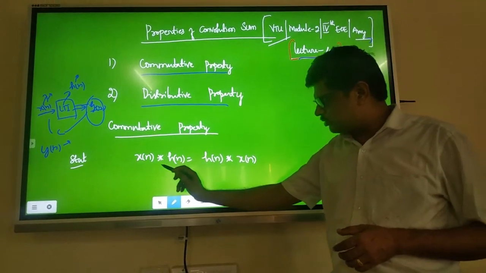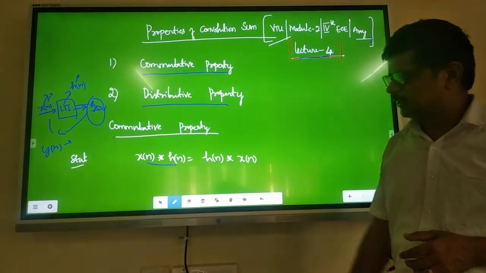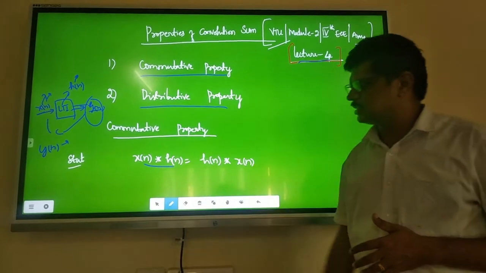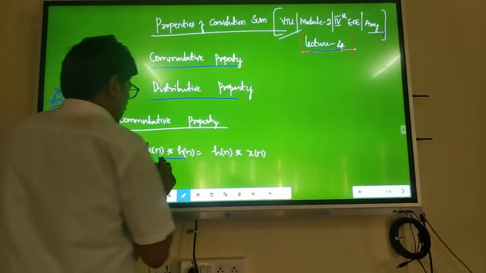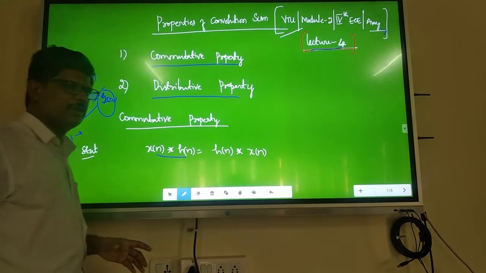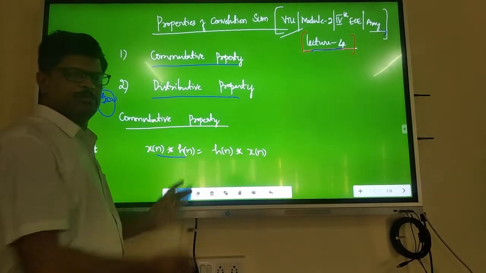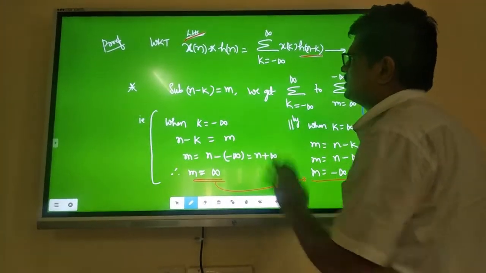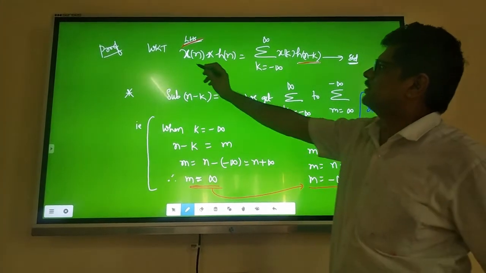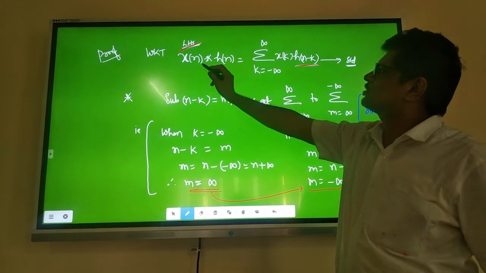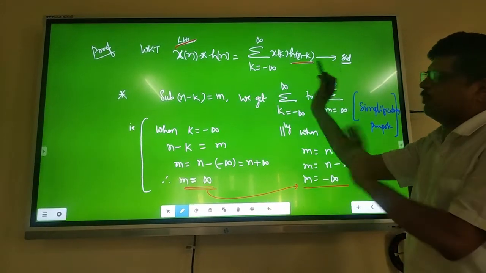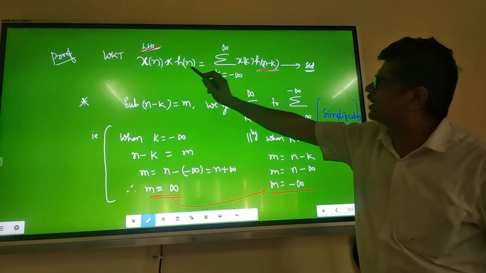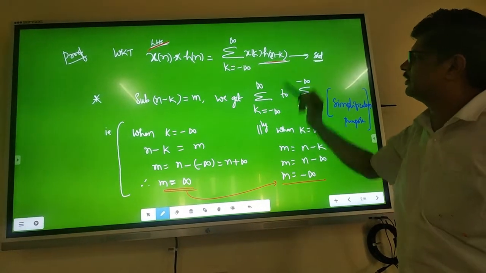x of n linearly convolved with h of n is equal to h of n convolved with x of n. That is, x(n) * h(n) = h(n) * x(n), like 1, 2 equals 2, 1. Now take the LHS for a very simple proof. LHS is x of n convolved with h of n, equal to the standard formula, summation k equals minus infinity to plus infinity, x of k into h of n minus k.